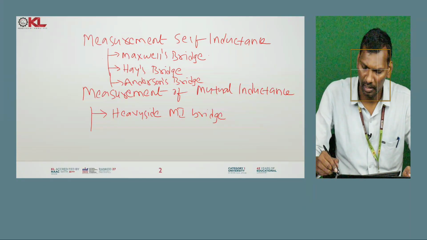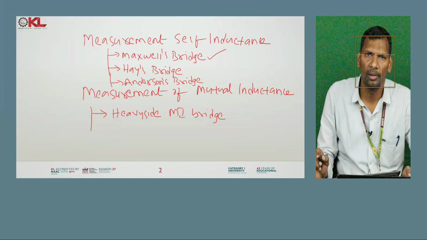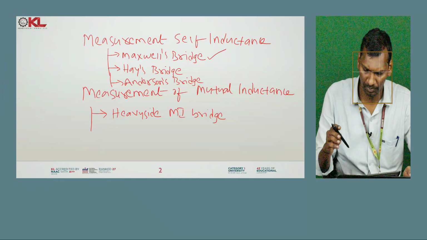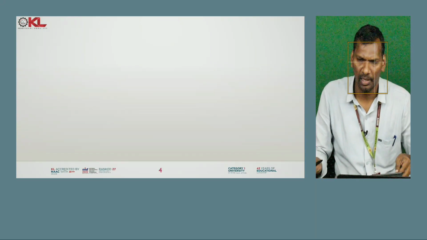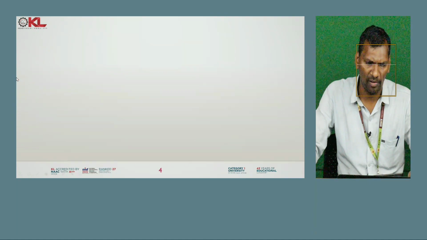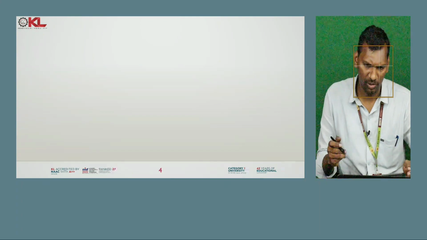Now let us see how the self-inductance is measured by using this Maxwell's bridge. So first of all, let us see the diagram for the Maxwell's bridge. Here we are having four arms.